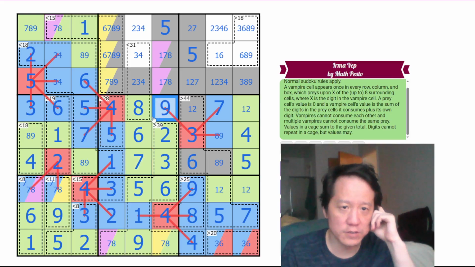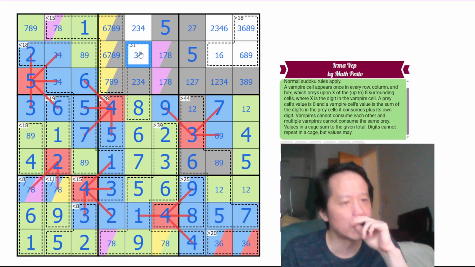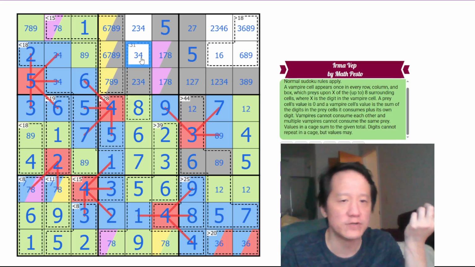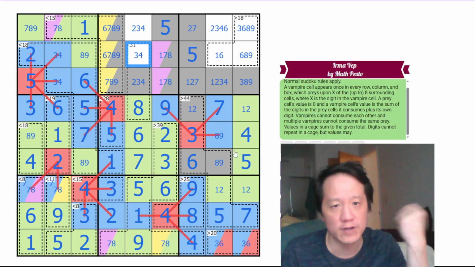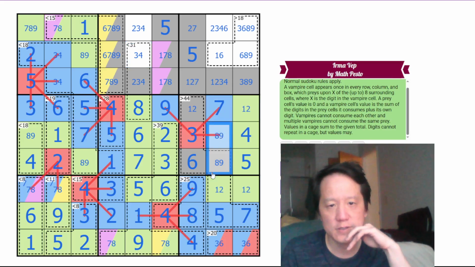That's interesting. That means this cannot be 4 as the vampire adding up to this. But this, we don't even know if this is still the vampire. We don't have any information about this.